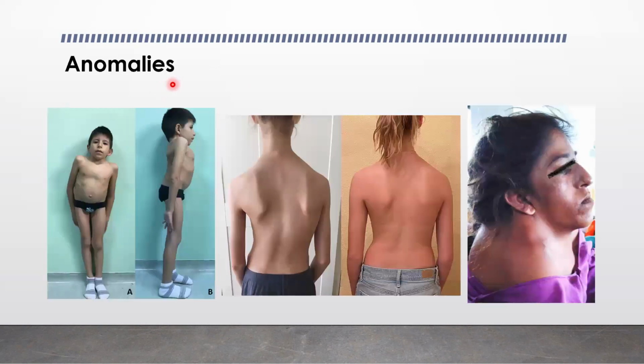Maybe anyone with a question regarding this and the development of the vertebral column? So the vertebral column develops from somites. The somites will divide into cranial and caudal portions. They will fuse.